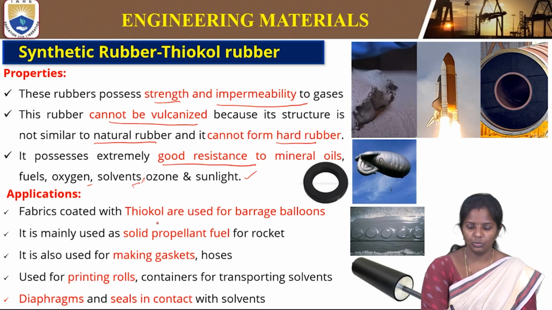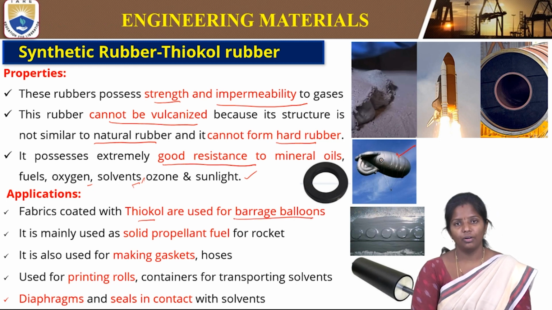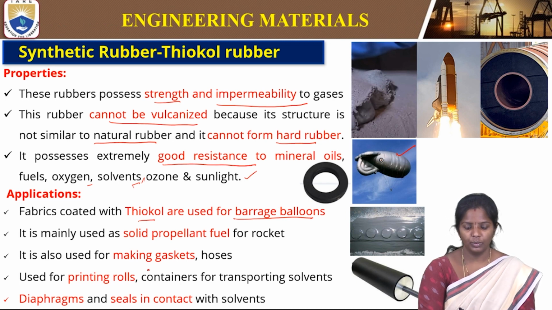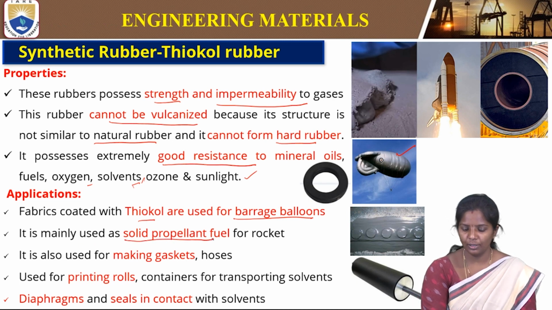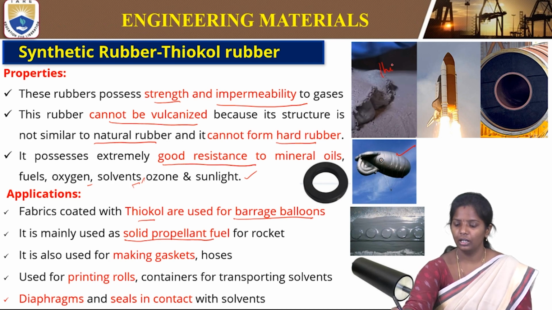Fabrics coated with thiocol are used for barrage balloons. These barrage balloons are made from thiocol rubber. It is also used as a solid propellant fuel for rockets.